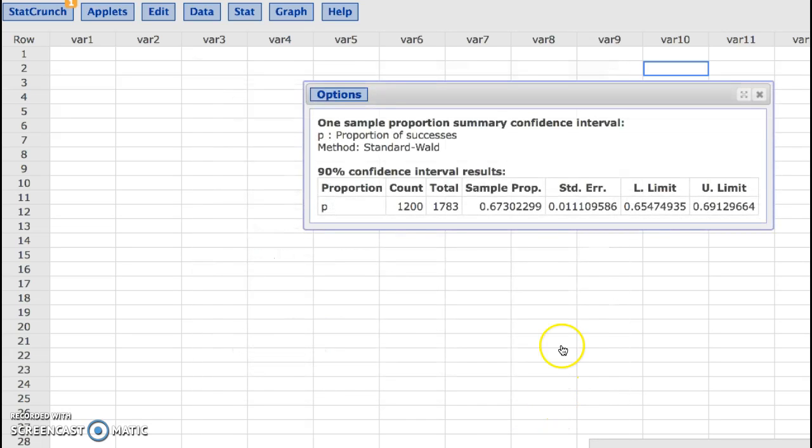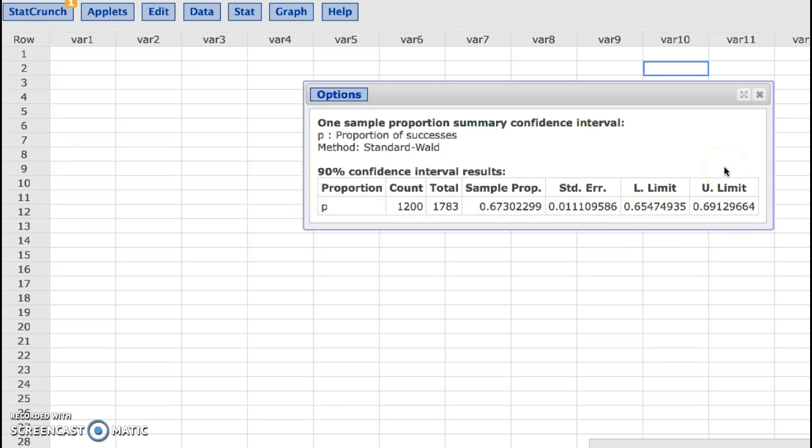I'm going to skip that for a second and then show you what happened to our sample proportion. Notice with a lot higher number of yeses, I'm getting a higher proportion, and that confidence interval is going to shift up and be centered around my sample proportion. So if these were my numbers, I would be 90% confident that our population proportion is between these two values.